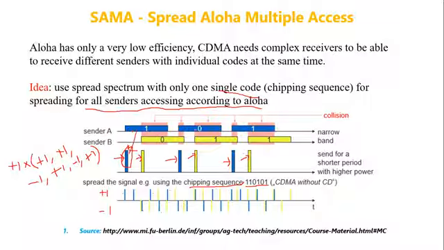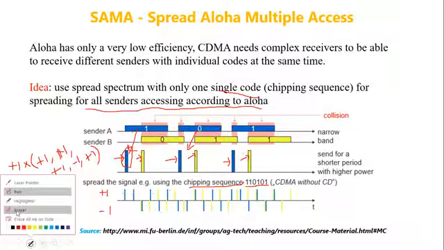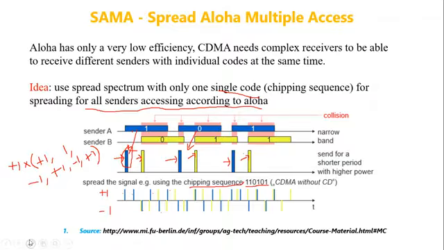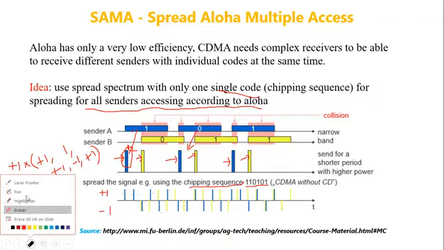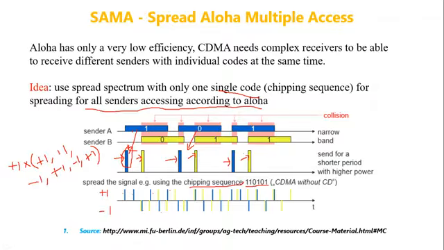Next, sender A wants to transmit a 0. So 0 is nothing but -1. So 0 will be represented as -1. Now -1 will be multiplied with this chipping sequence. -1 into +1 is -1, so just the sign will change.